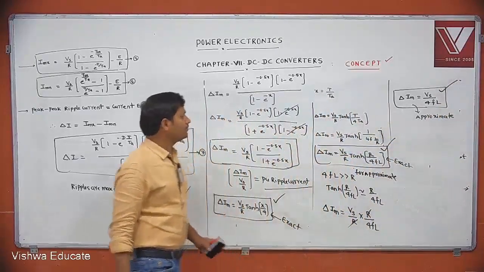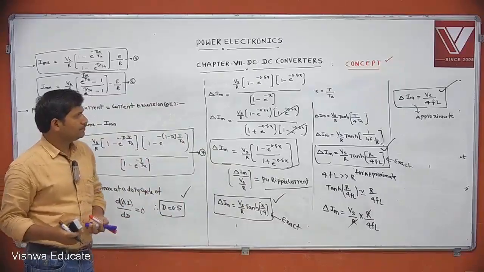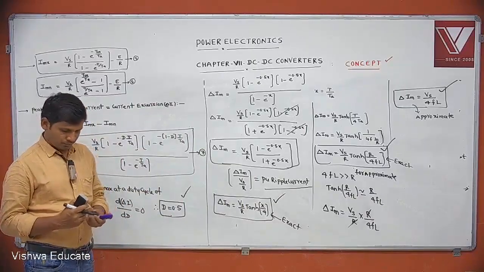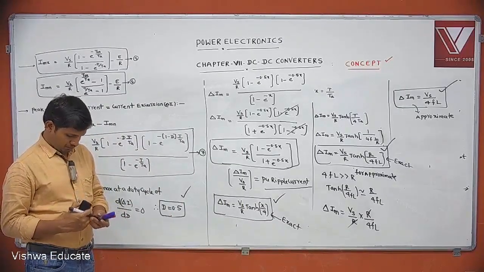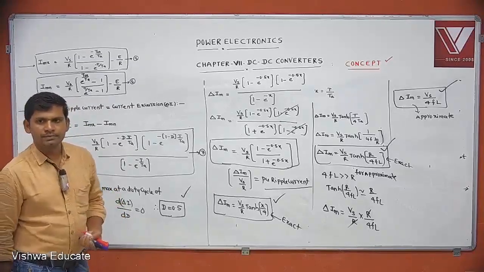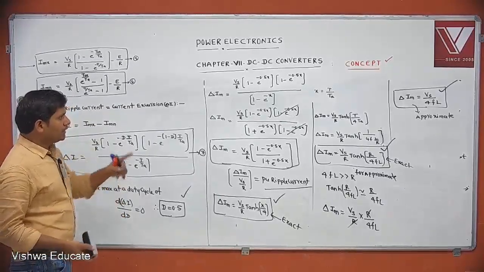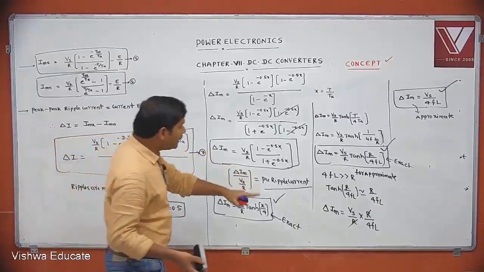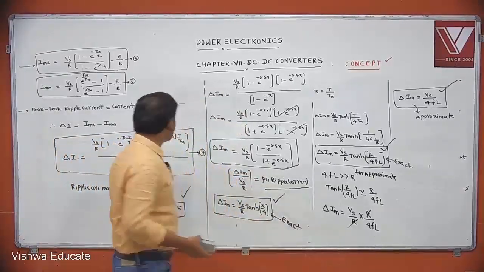This is the approximate value of maximum ripple current. This is the exact value of ripple current. Okay.